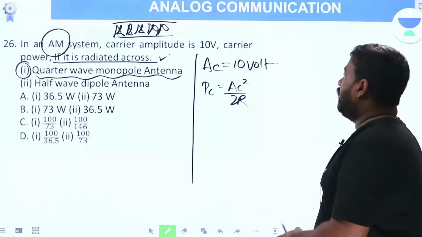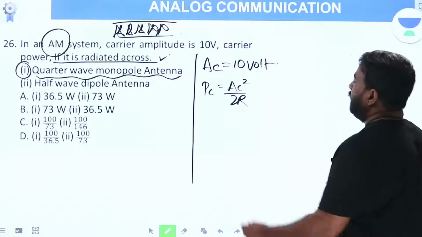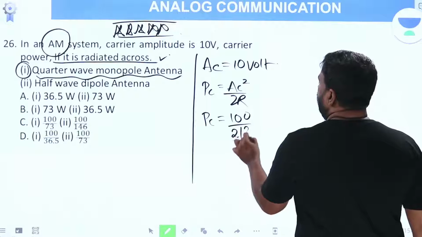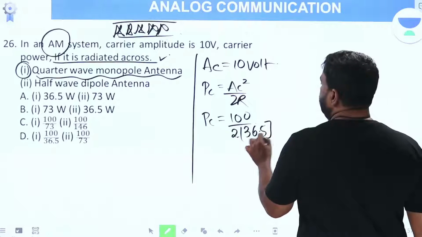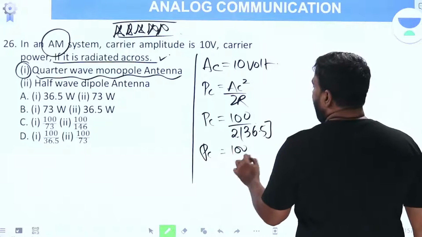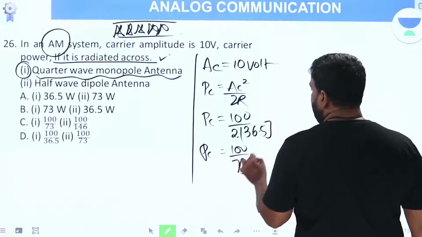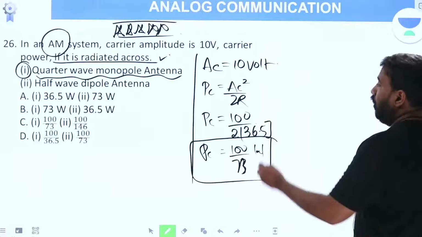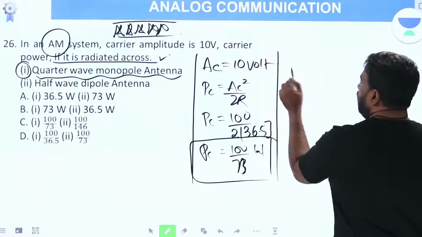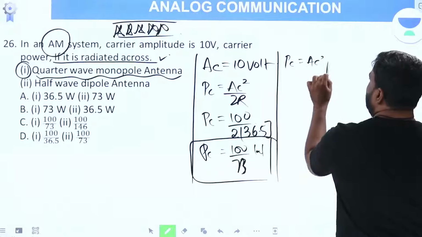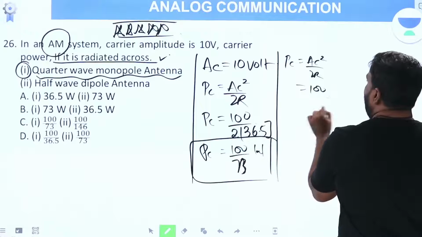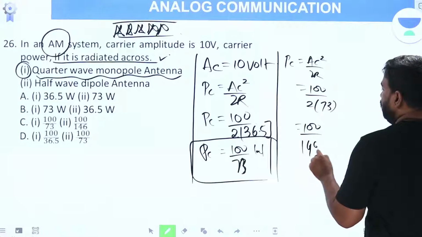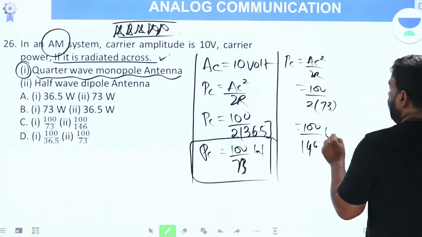Now, for the quarter wave monopole antenna, substitute: Pc is equal to 100 by 2 into 36.5, which is 100 by 73 watt. For the half wave dipole, Ac square by 2R is 100 by (2 into 73), which is 100 by 146 watts.